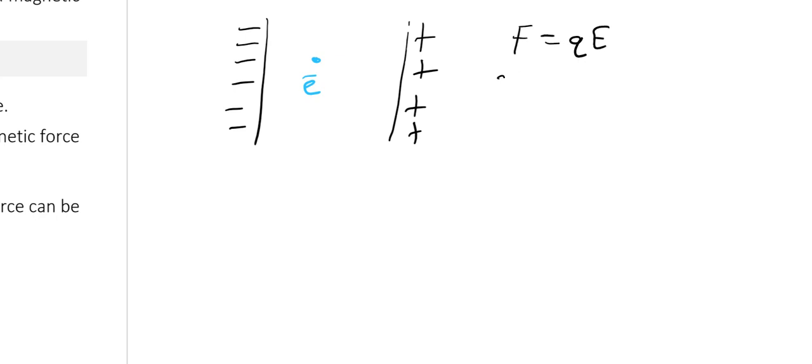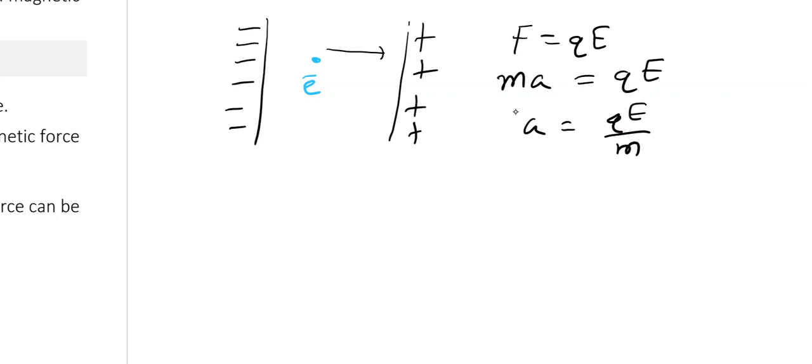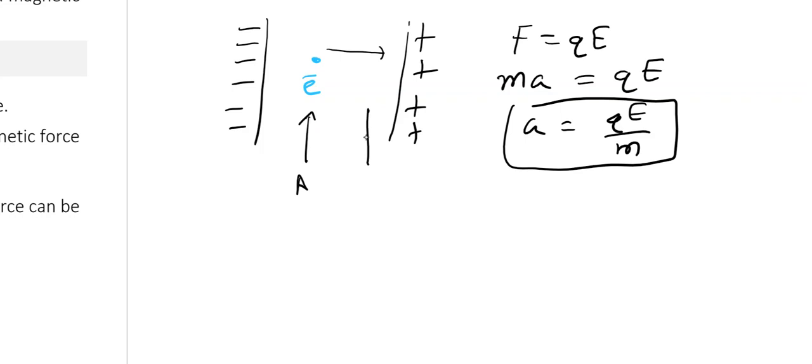And then I can say that the electron will start moving in this direction with acceleration a. So a equals QE by m. What does it mean? This means that by the time the electron reaches from, say, point A to point B, its speed will increase because it is accelerated motion, right? And that is how I can increase the kinetic energy, I can increase the speed of the particle.